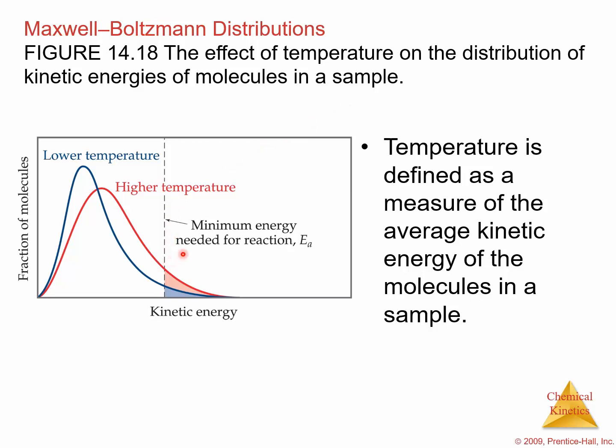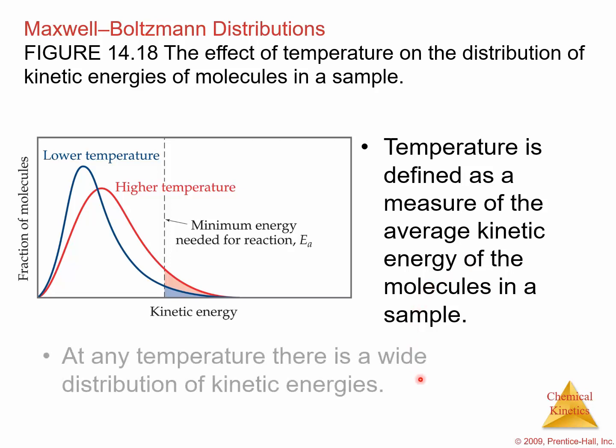Now comparing them with the minimum energy needed for reaction, the E of A. Now, at the higher temperature, a much greater fraction of the molecules have kinetic energy greater than E of A, which leads to a greater rate of reaction.